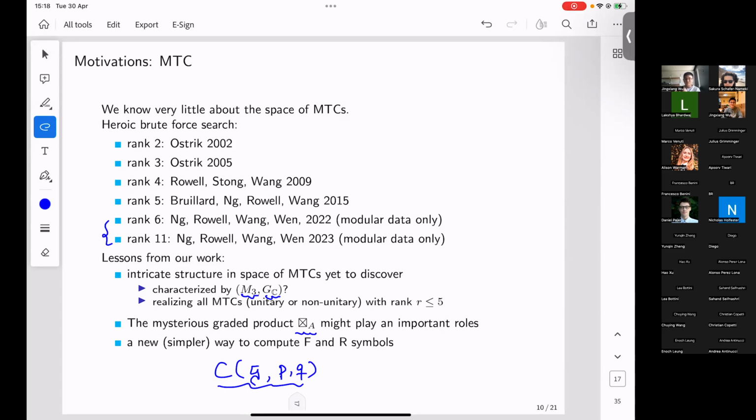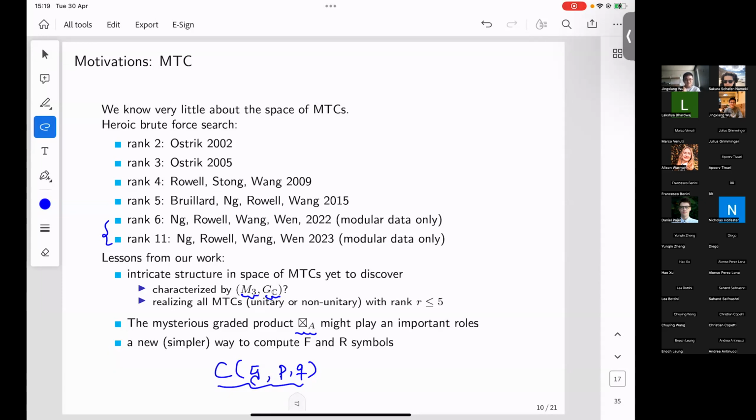Sorry, another question. Do you have control on whether, given a choice of M3 and group, you get a unitary or non-unitary MTC, or is it something that you have to check a posteriori? Yeah, that's a very good question. At the moment, I don't know a priori. I have to check after I figure it out.